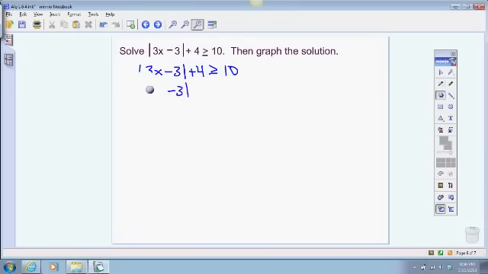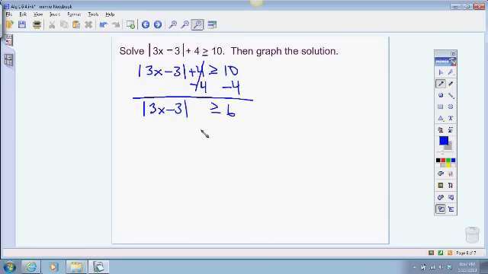Let's get rid of our plus 4. And since it's plus 4, we'll go minus 4. Whatever we do to one side, you do the other. And we're left with the absolute value of 3x minus 3 is greater than or equal to 6.